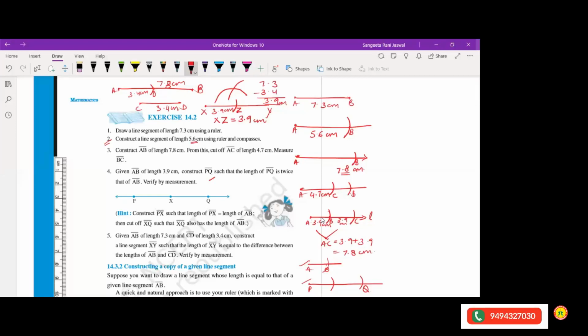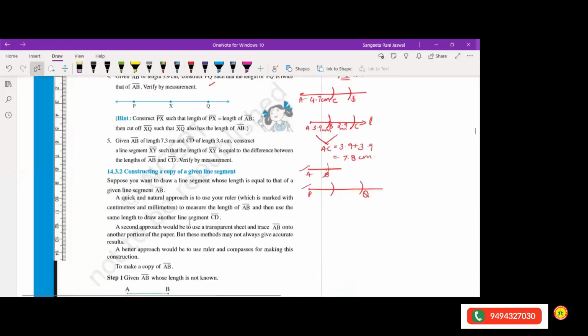If anyone still has a doubt, you can ask. Otherwise, after the class, you can see the repeater recording of the lecture and try to understand. This is done now. This was the 5th question. Let's move ahead.